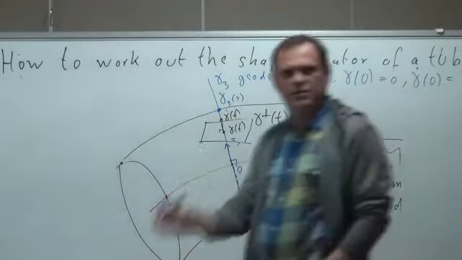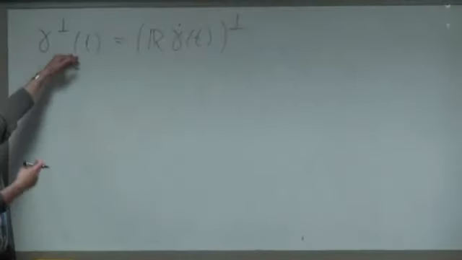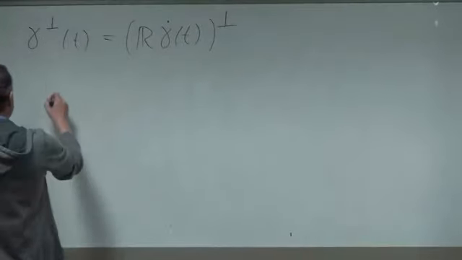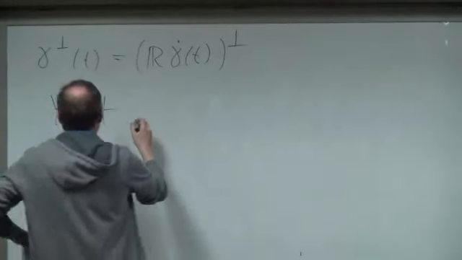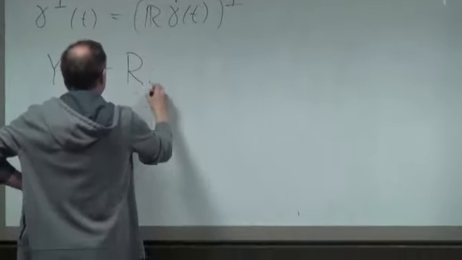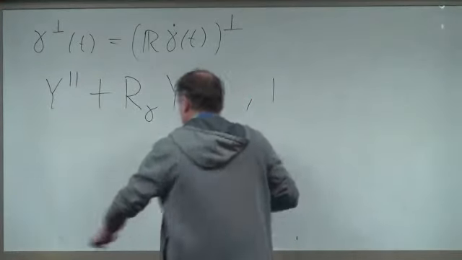So what we get through this is a vector bundle along the geodesic of hyperplanes. And on this vector bundle along the geodesic, now write down a second order differential equation: Y double prime plus R gamma Y equal to 0.